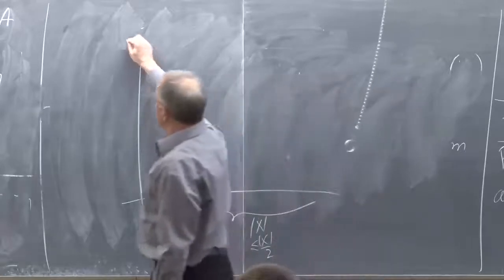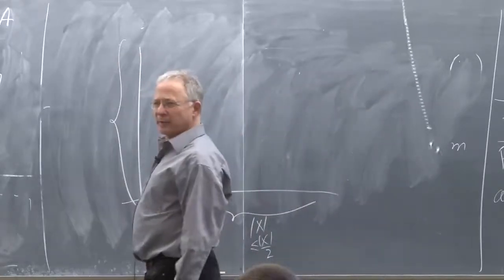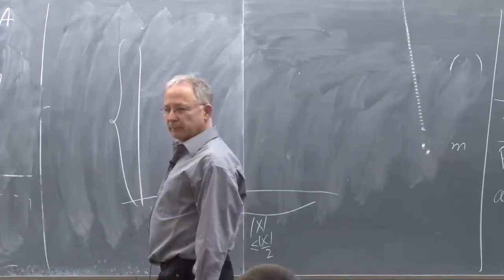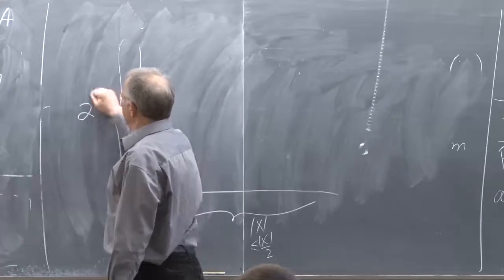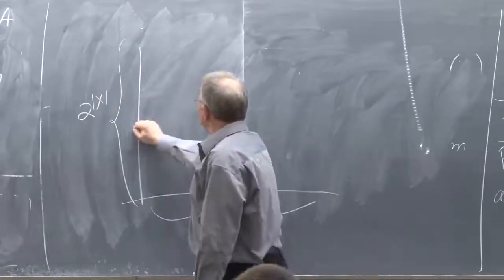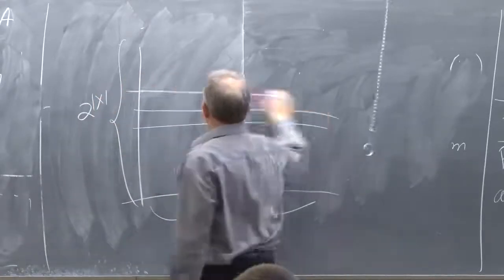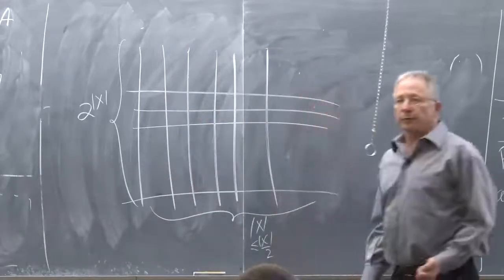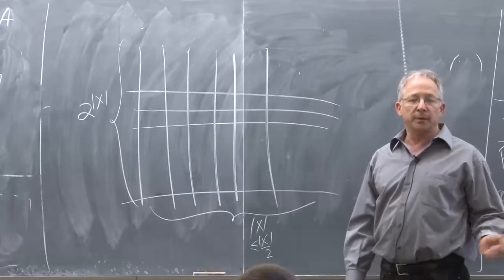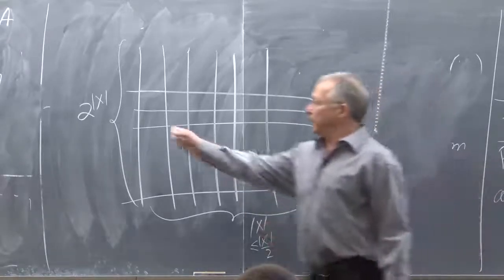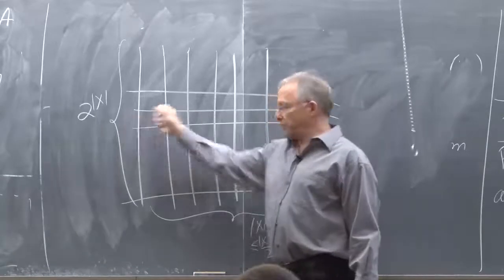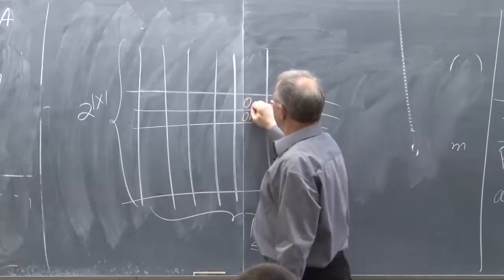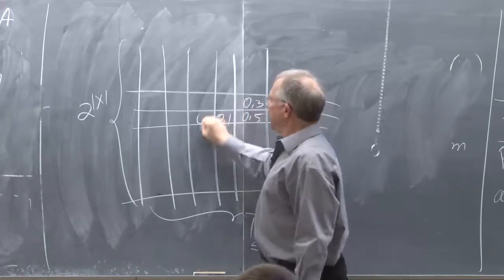The size here is all possible functions from x to {0,1}. How many such functions do I have? 2 to the x. So it's a very big table. And in every entry of this table I have a real number, which is the error of my algorithm when I'm using this function and this sample. So here I have 0.5, here 0.3, here 0.1, and here maybe 0.